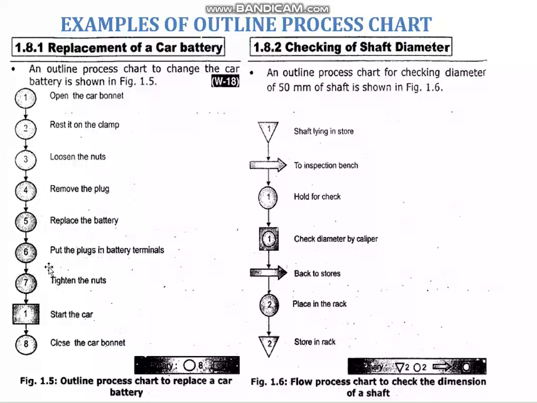Only one inspection is there, whether the car is starting with the power of the battery or not. That is the inspection square. Within these boxes, whether circular or square, we give the numbers: first operation, second, third, fourth, fifth, sixth, seventh, and the eighth operation. The inspection, only one is there, so here it is one.